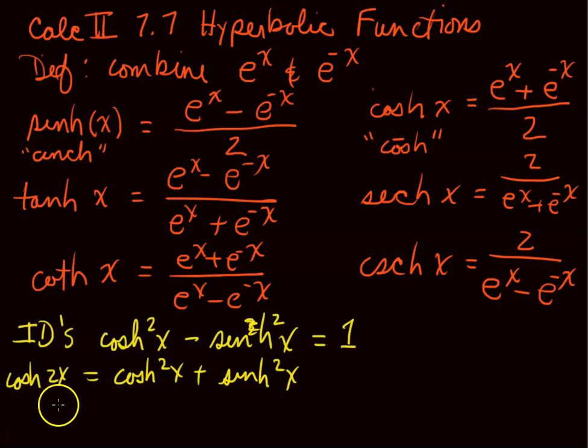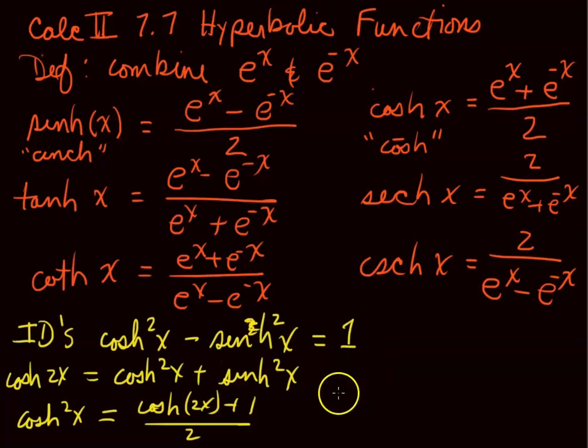You can write cosh squared x by subtracting these things, but you also have cosh 2x plus 1 over 2. So you just got to be careful. It doesn't behave the same way as we're used to.